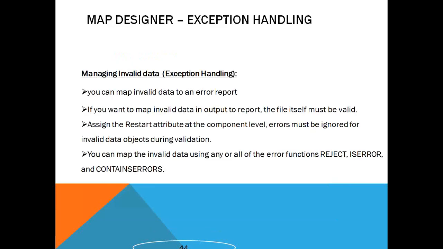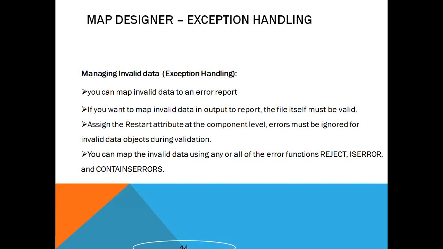So exception handling. As I told, if we want to read invalid data also, we have to put the restart attribute at the input type tree and output type tree. On the output side, use the is error, reject function, or contains error; there are multiple functions. Using those functions, you can write the invalid data to a separate error report.